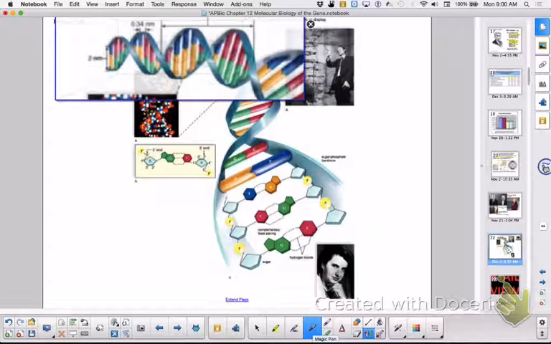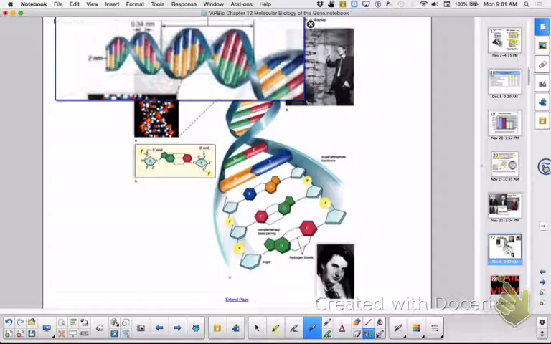The space between each rung of the ladder is 0.34 nanometers, and a complete turn is 3.4 nanometers, which means that you have 10 base pairs in a complete turn. You can see the hydrogen bonds that are holding the strands together.